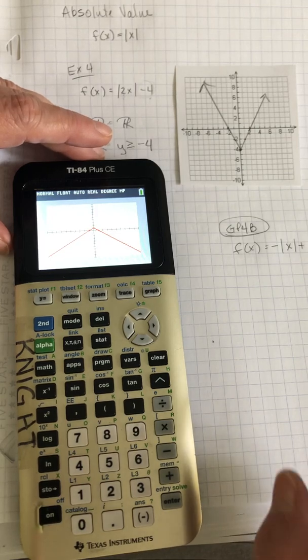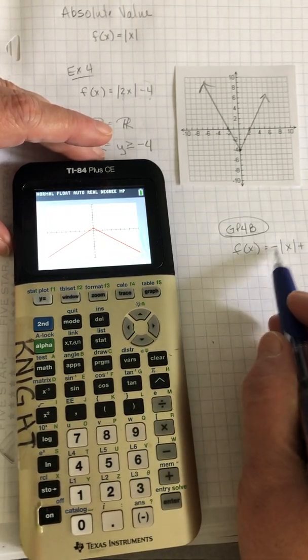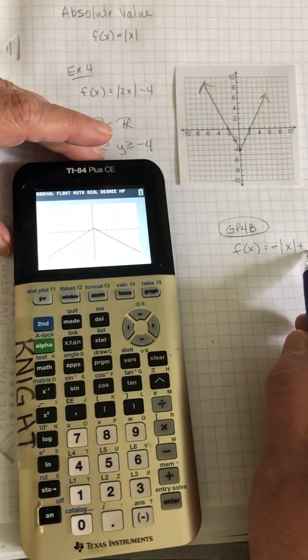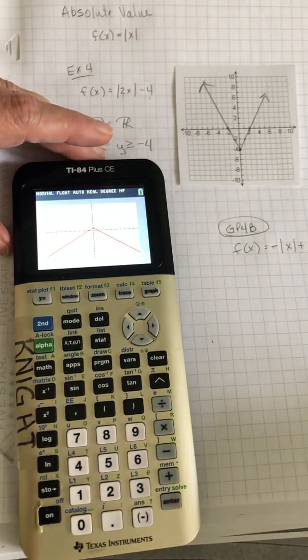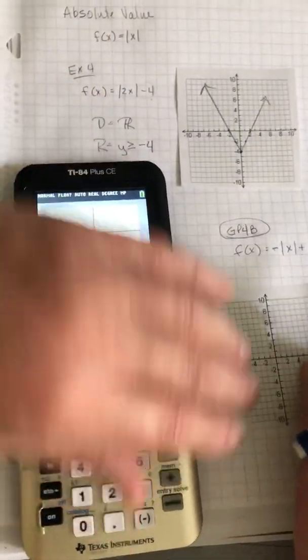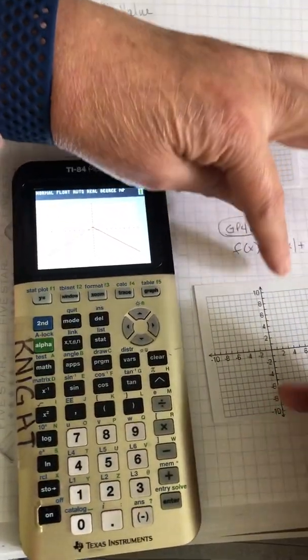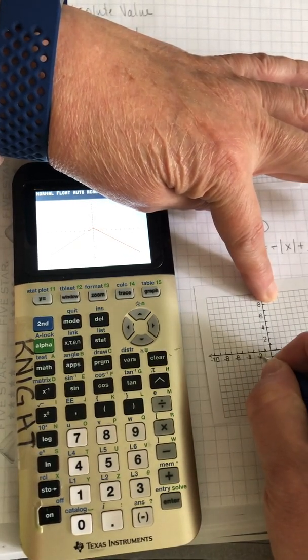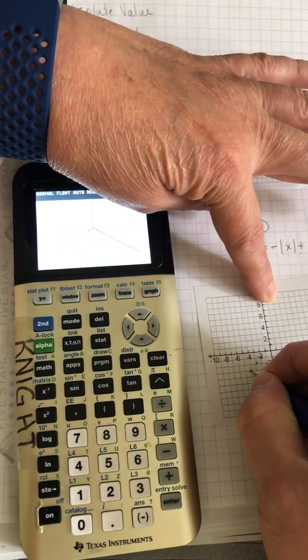Ooh, that negative flipped it or reflected it, and that plus 1 moved it up. Slope is still 1, but my bounce point is here, and it's going downwards instead of upwards.